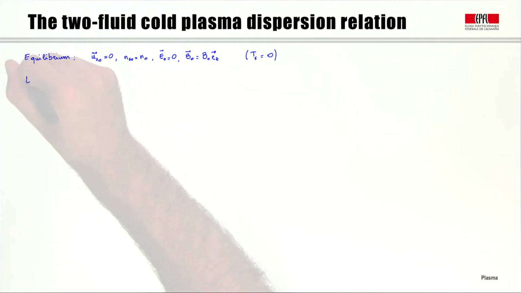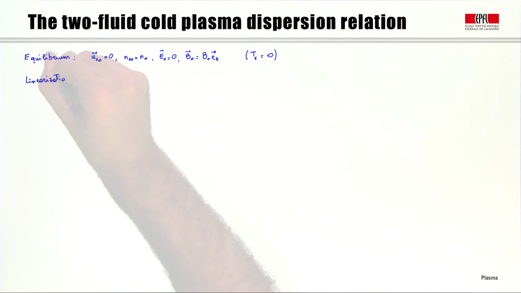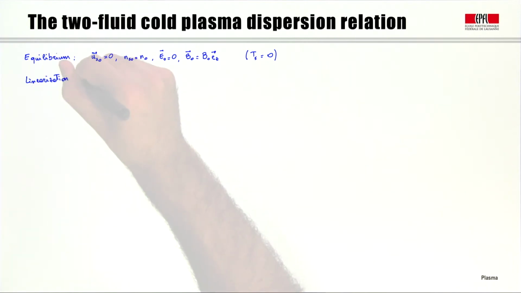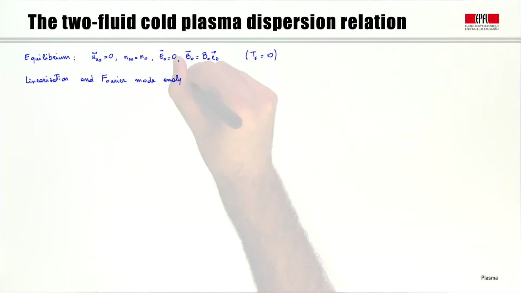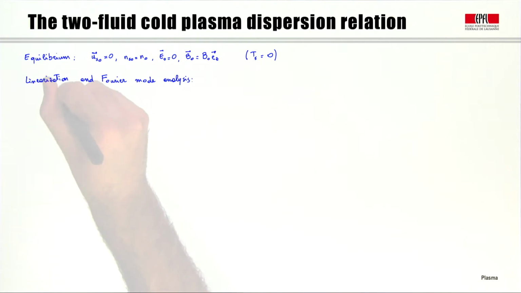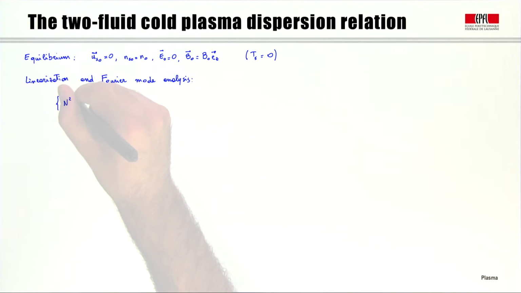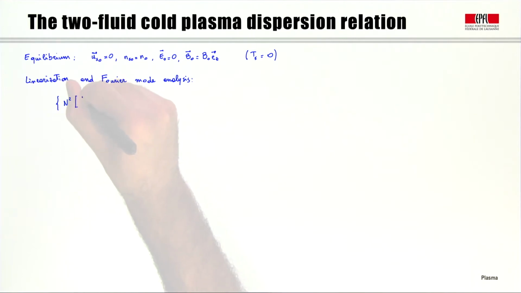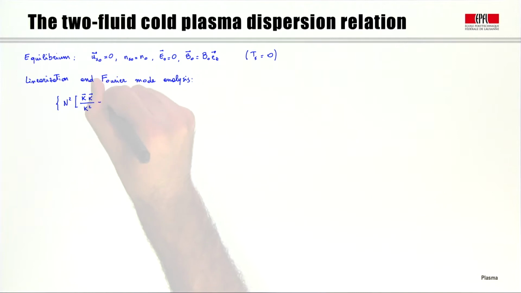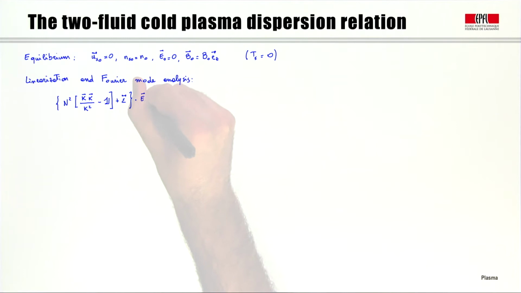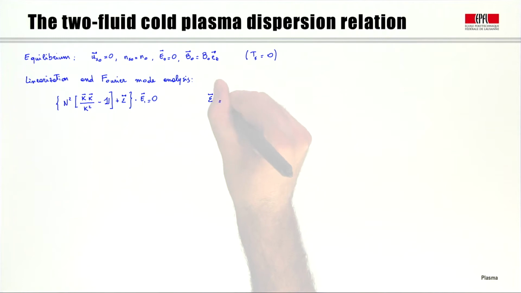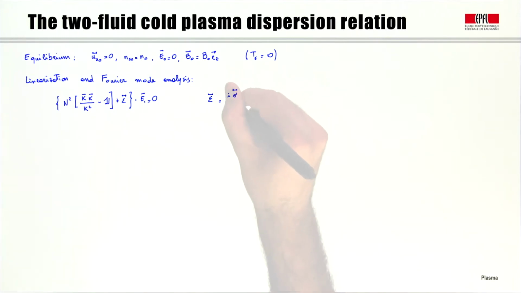The linearization and Fourier mode analysis of the two-fluid equations and Maxwell equations show us that n squared, the index of refraction, times kk divided by k squared minus the identity dyad plus epsilon dot E1 is equal to 0, where epsilon is given by the sum of epsilon 0 over omega plus the identity dyad.